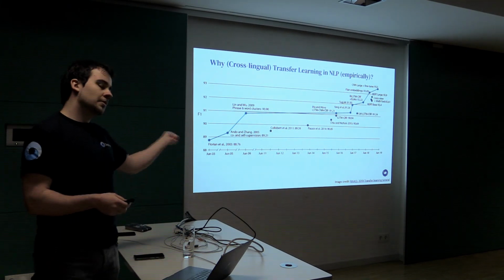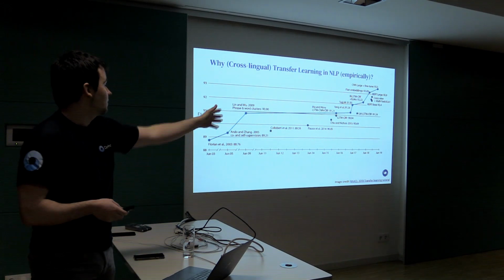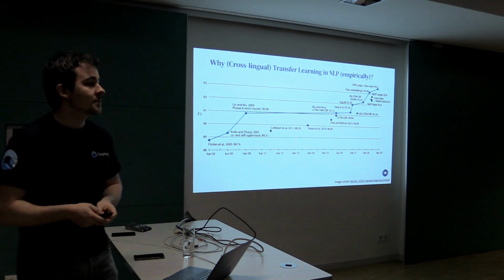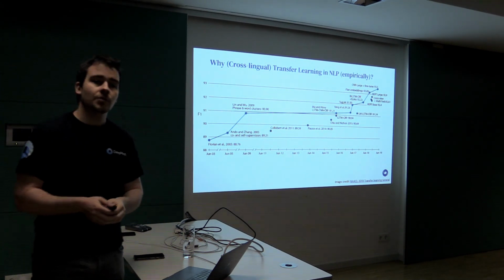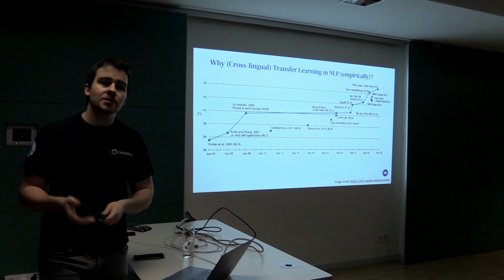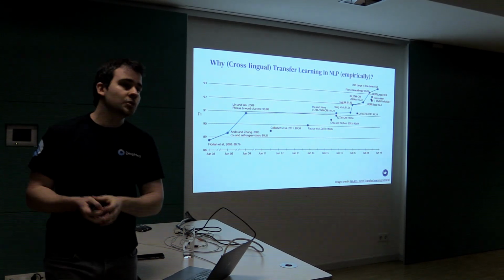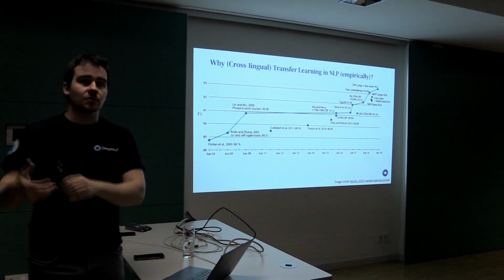What is nice about looking at progress on this task, compared to more recent tasks where we've only seen the last years of progress, is that most of the larger bumps in performance on this graph can be seen as being due to different forms of transfer learning, of using unlabeled data to yield improvements for this particular task.